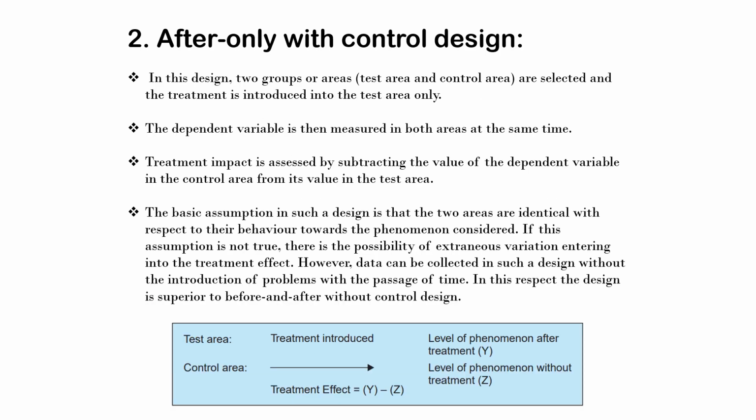Next is after only with control design. Here we have two groups or two test areas, that is a test area and a control area, and treatment is introduced only to the test area, while the control is used for matching.